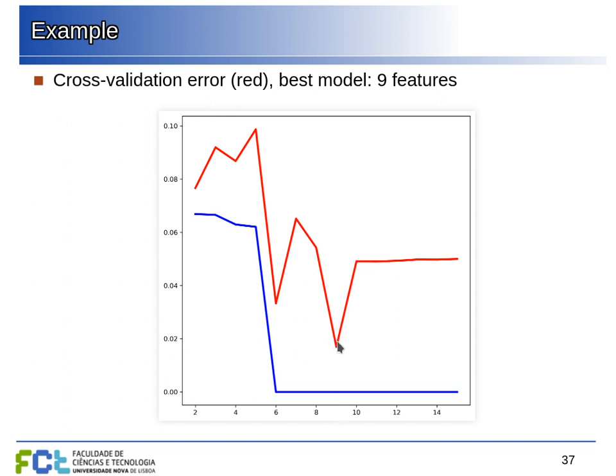That is, using 9 features on this kind of data, on average, gives us a lower validation error than all the other options. So this would be a way of selecting the best model.